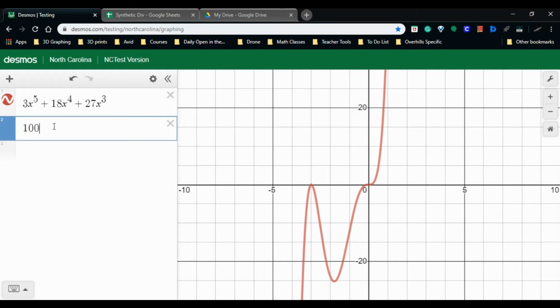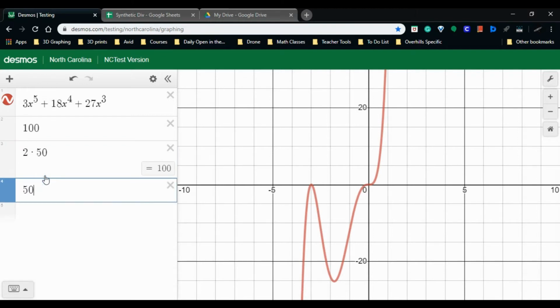What number is 100 divisible by? You may say something like 2, because 2 times 50 is equal to 100. Then I could take a look at 50 and say, what is 50 divisible by? And you may say it's divisible by 5, because 5 times 10 is equal to 50.